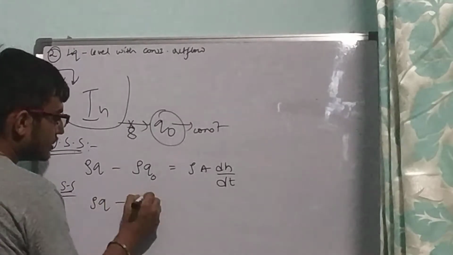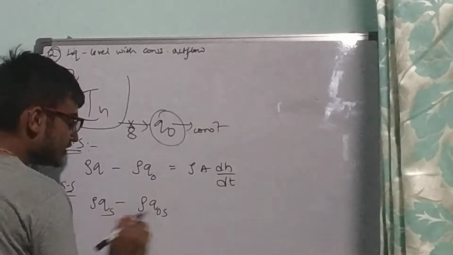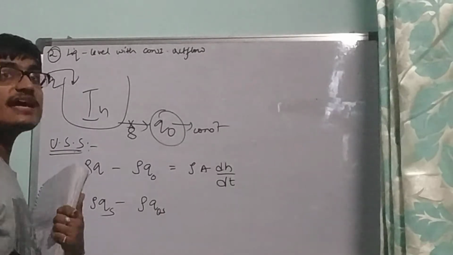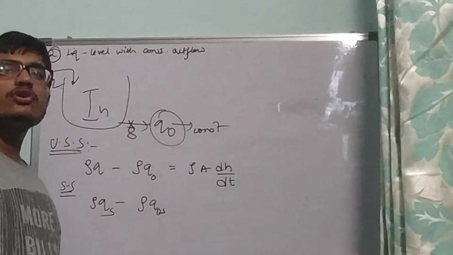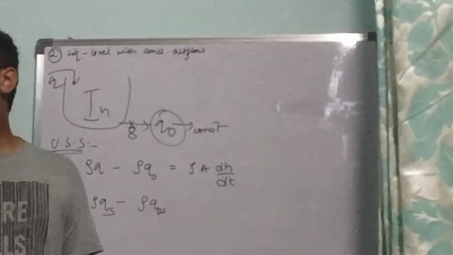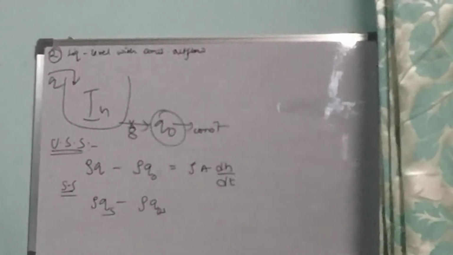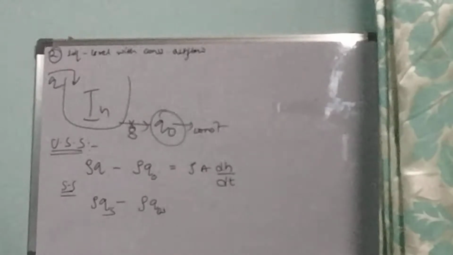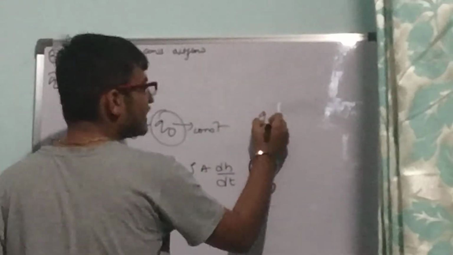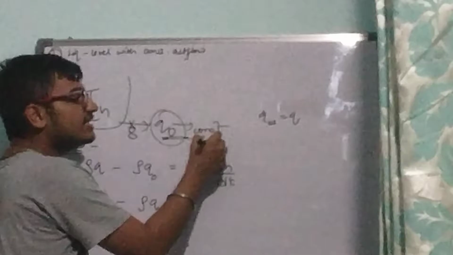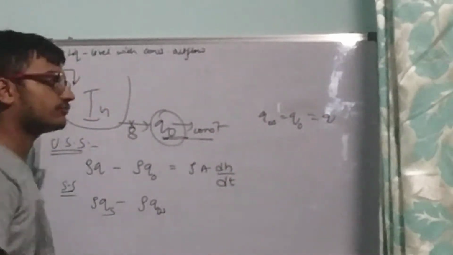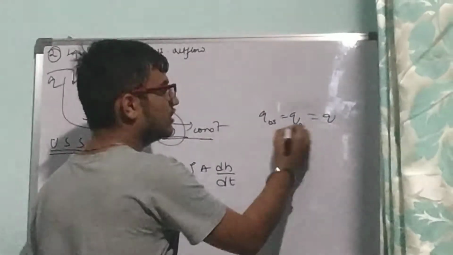Rho into Qs minus rho into Q naught S, equal to rho A dHs by dt. But the fact is Q naught is kept constant, so your Q naught and Q naught S will be the same, because your outlet flow rate is kept constant.